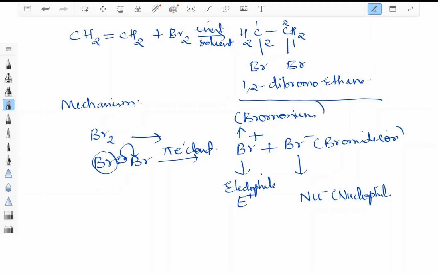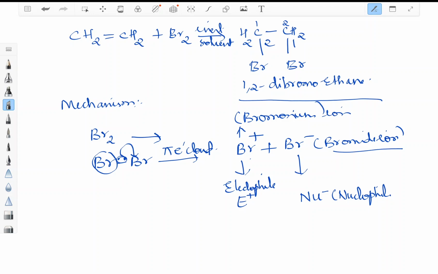I told you that in addition of hydrogen, we said it doesn't involve an ionic mechanism. This is an ionic mechanism. Formation of electrophile and nucleophile is nothing but an ionic mechanism. This is the mechanism for addition of halogens, where the first step is the Br2 molecule ionizes when interacting with the pi electron cloud to give positive bromonium ion and negative bromide ion.